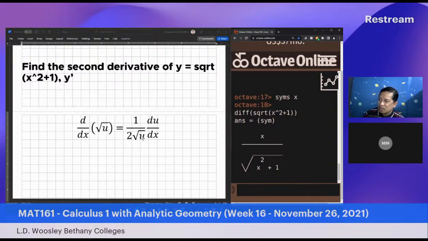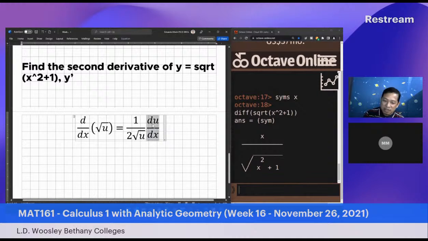Yung square root of u, kukopyahin mo na lang kung ano yung nandun sa u, which is x squared plus 1. And then, kung solvein mo yung du over dx, ano ba yung u? x squared plus 1. What is du over dx? 2x. So the 2 there will be cancelled by 2 here. So what remains is x in the numerator and all over square root of x squared plus 1. Make sense?